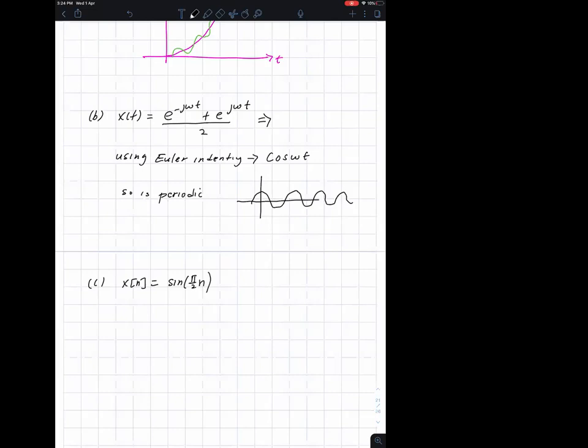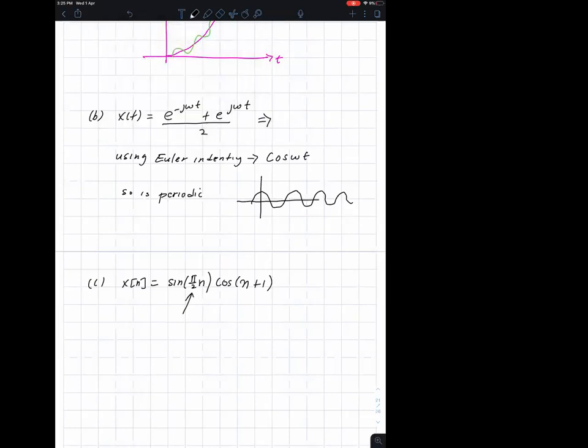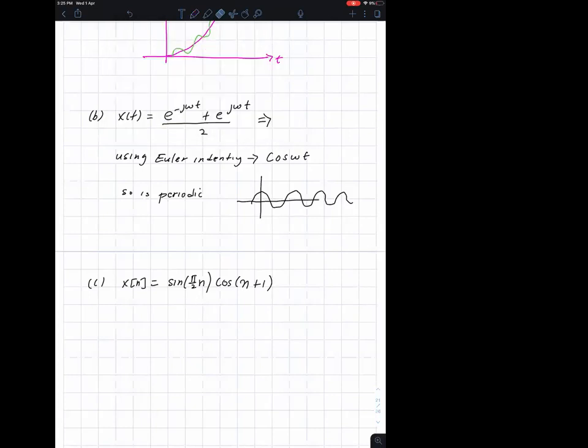This is omega 1, and this is the n, and n is discrete time.